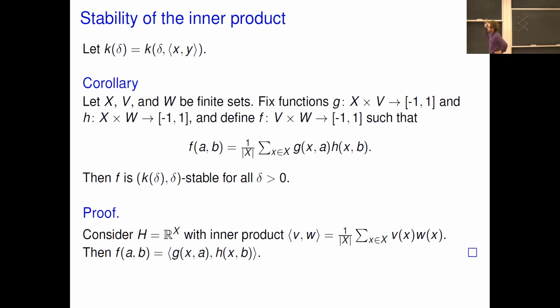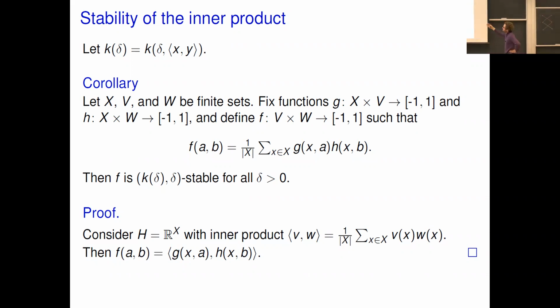So you can forget about Hilbert spaces for this statement, but again, the proof is the same thing. Let's take X, V, and W to be arbitrary finite sets, non-empty, of course. You should always assume these things are non-empty. X, V, and W are arbitrary finite sets. Now take two arbitrary functions, g from X cross V into [-1,1], and h from X cross W into [-1,1]. So these are arbitrary functions, whatever you want.